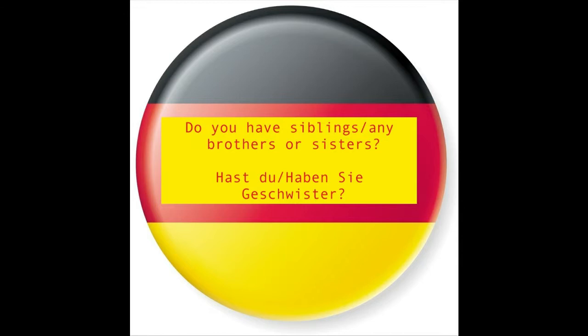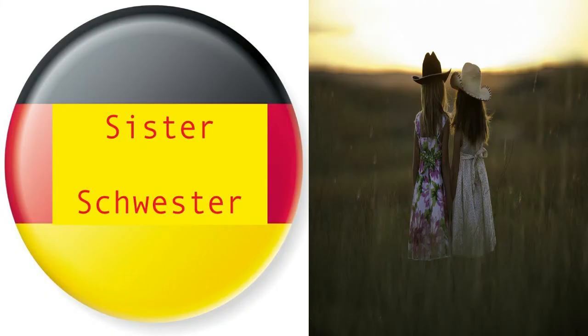However, it is a question that you would ask when you're still getting to know someone. So if it's someone that you don't know very well, or maybe someone that's older than you or in a position of authority, you would use Sie. But that's more uncommon. Normally it would be du. Hast du Geschwister?